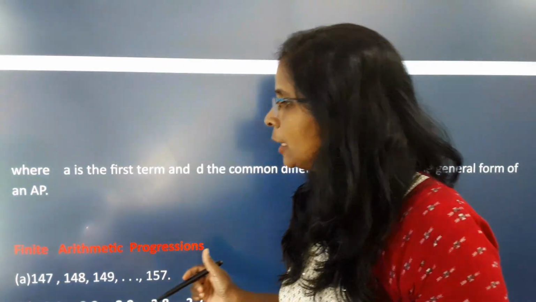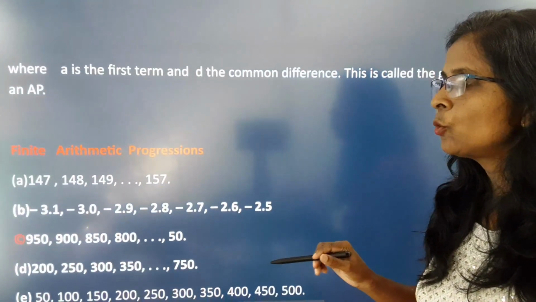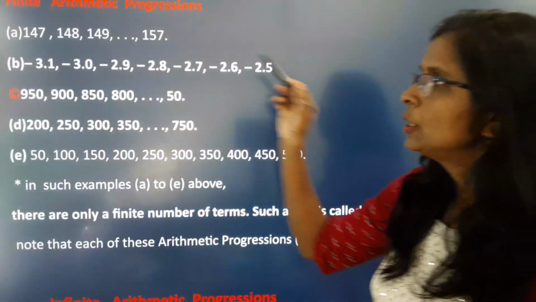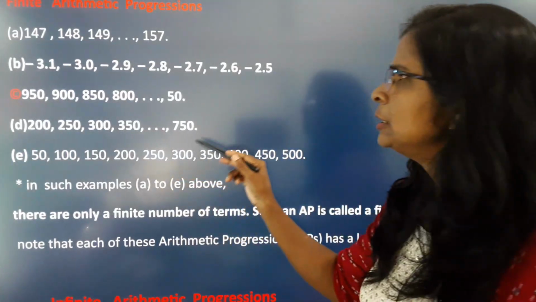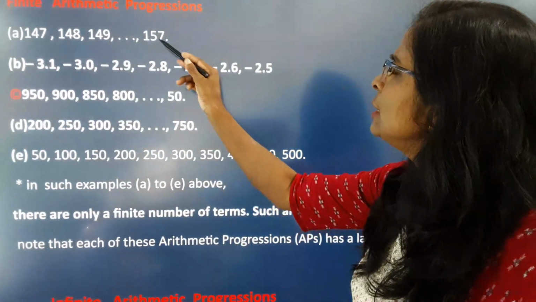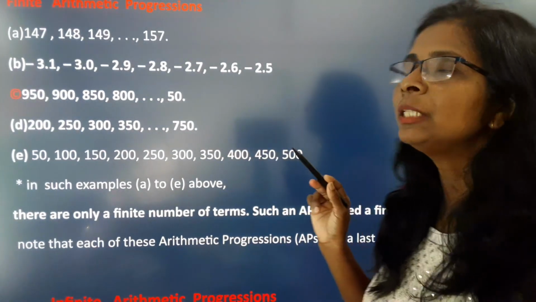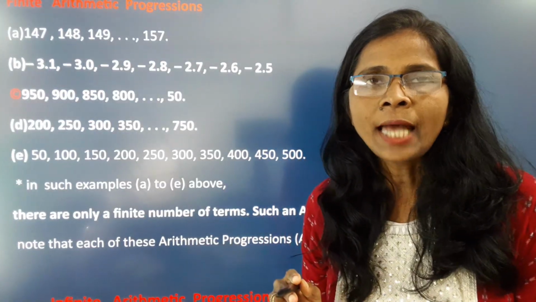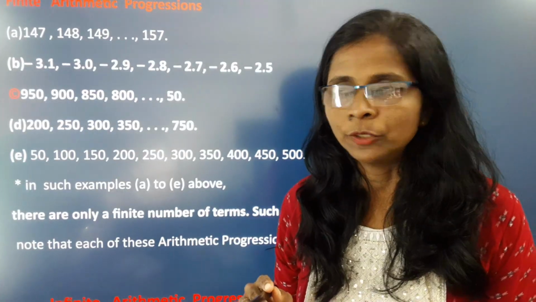Now there are finite arithmetic progressions also. So observe these examples, students. In these examples, these are the lists of numbers, and the last term is given. Because the last term is given, we call this arithmetic progression a finite arithmetic progression.